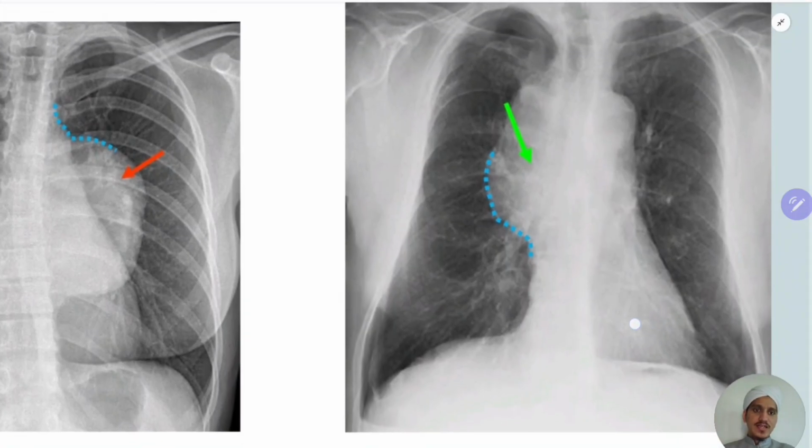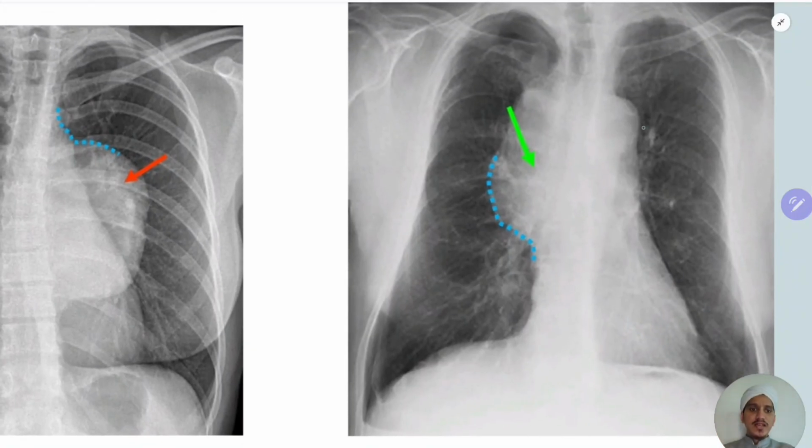Anything else? You are able to see here, this is the aorta, this is the pulmonary artery. Here also you are seeing something in the aortic pulmonary window. So that is also in the middle compartment.